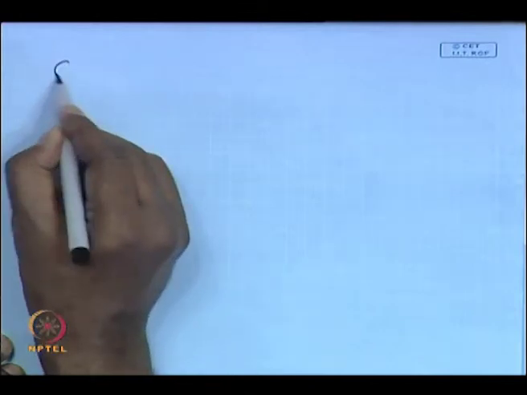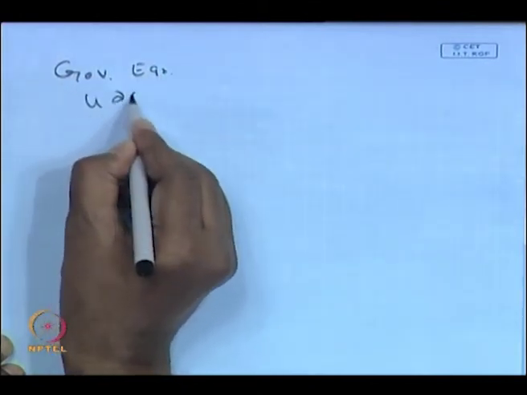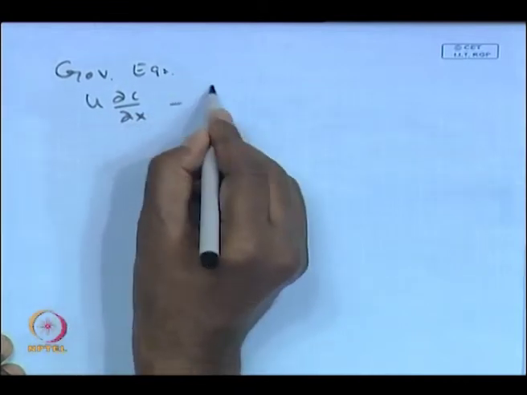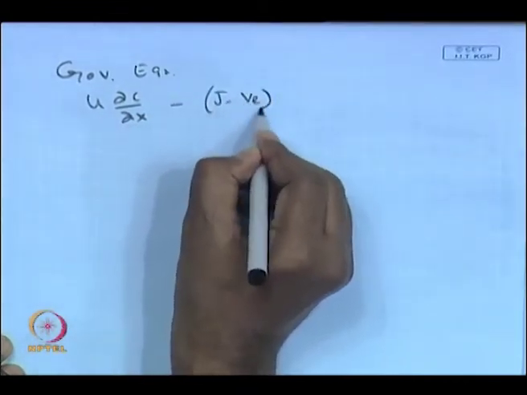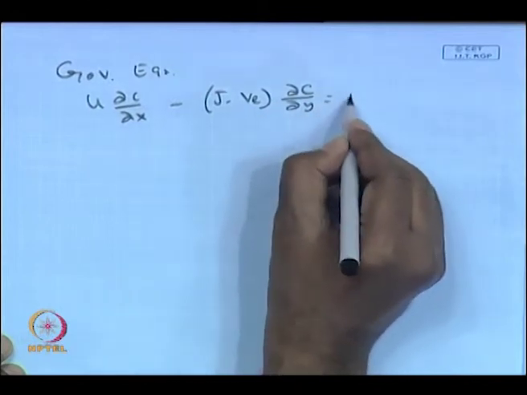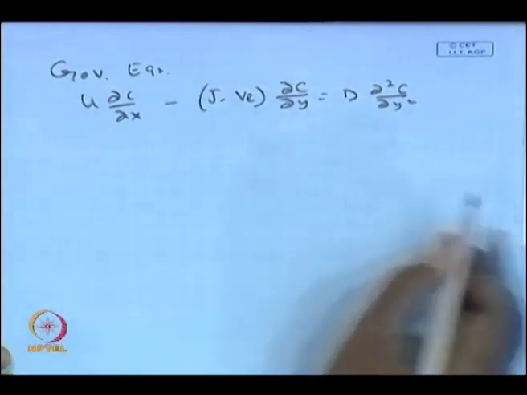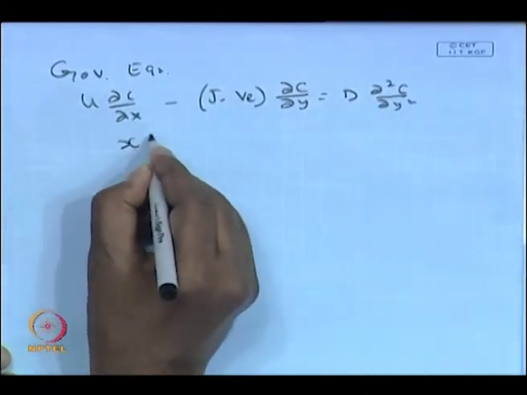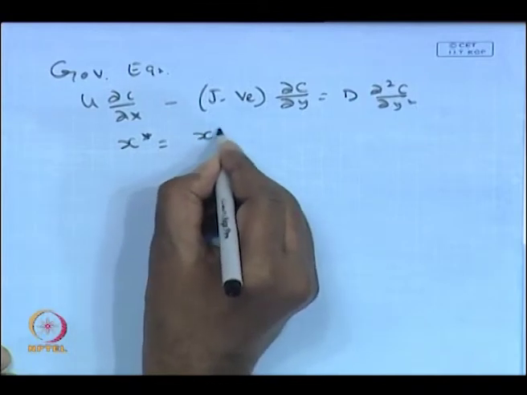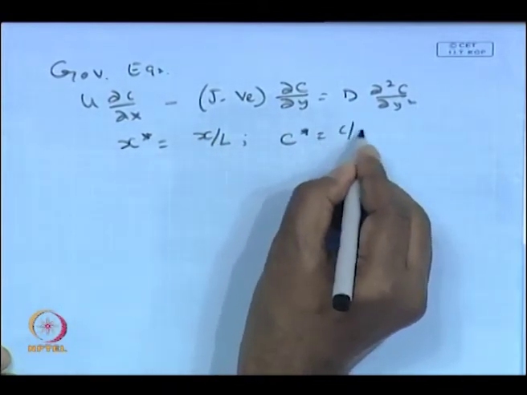So, now let us non-dimensionalize the governing equation. The governing equation becomes U del C del x minus (J minus V E) del C del y is equal to D del square C del y square. Now, let us make it non-dimensional with x star as x by L, the length is known, and C star as C by C naught.